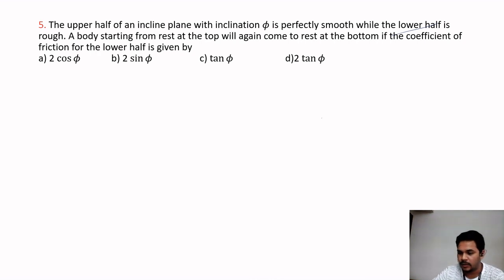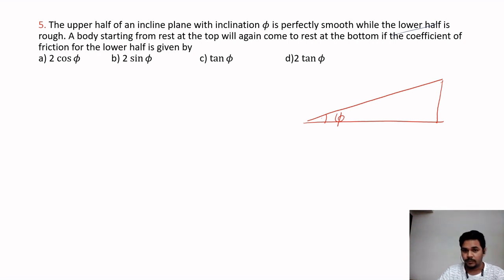So if I am drawing the inclined plane, just think about this is the inclined plane. I am drawing here. Just one second. So this is not correct. This is the inclined plane where the angle of inclination is given as phi. Assume the total inclined distance is S. The angle of inclination is already given, but S is not given, we have assumed it.